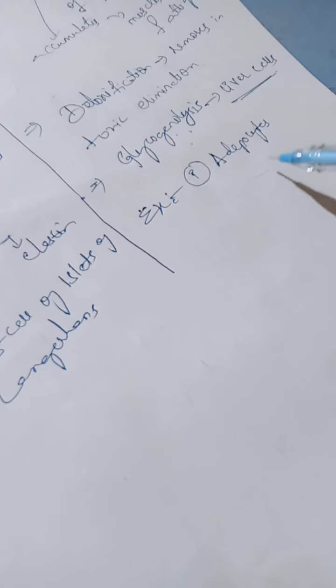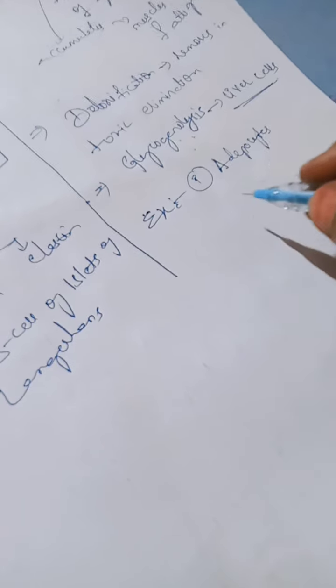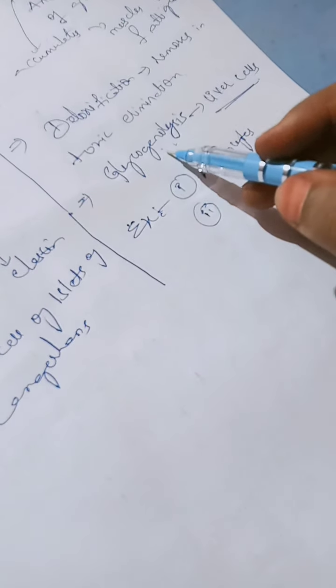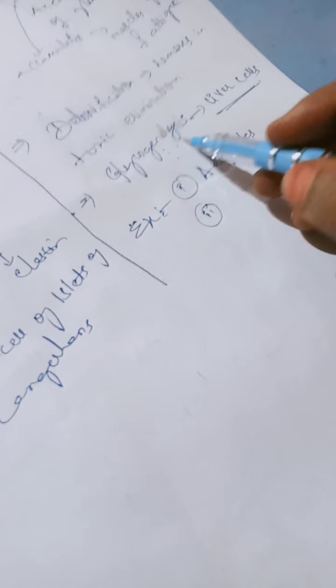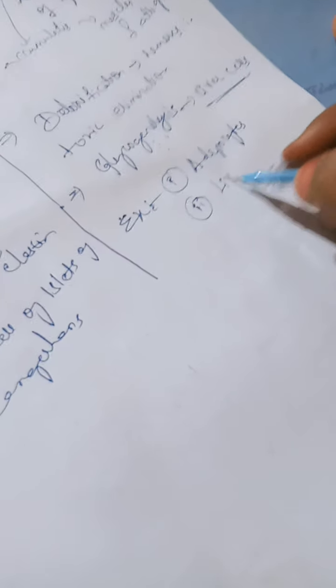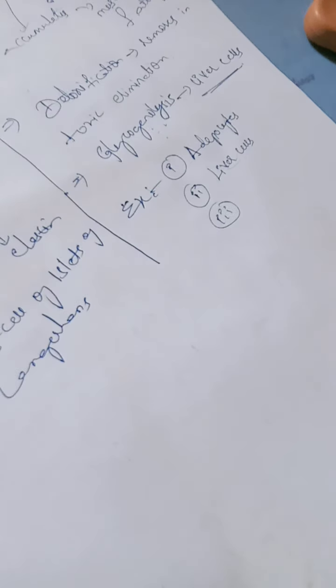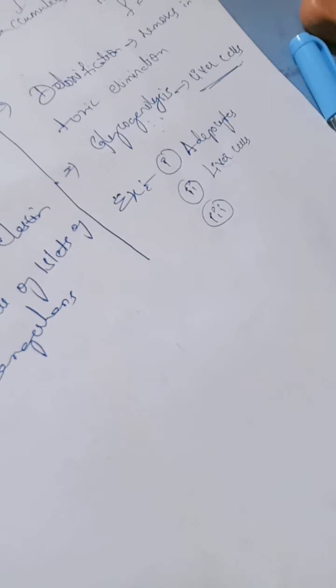Another best example is liver cells, as we already discussed SCR is involved in glycogenolysis, especially in the liver cells. So we can give adipocyte cells and liver cells. Many examples are there for the smooth endoplasmic reticulum also.